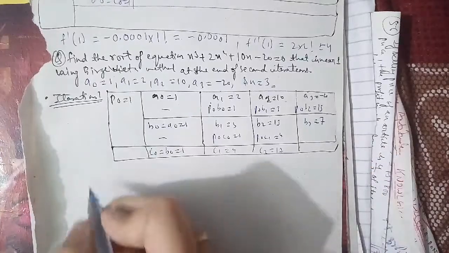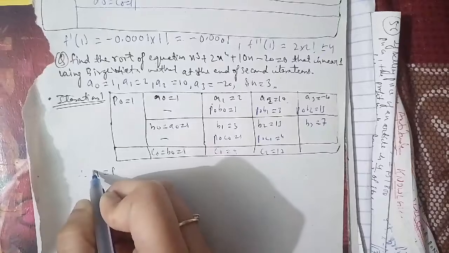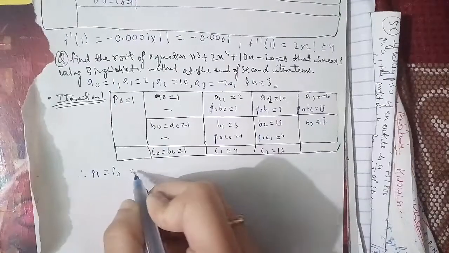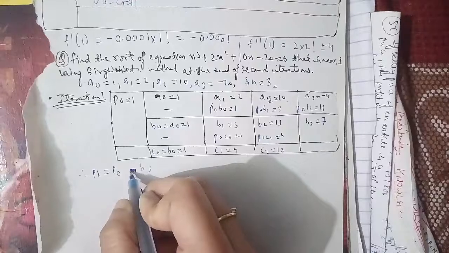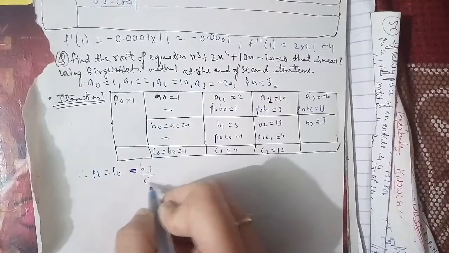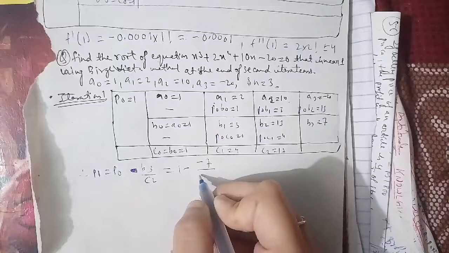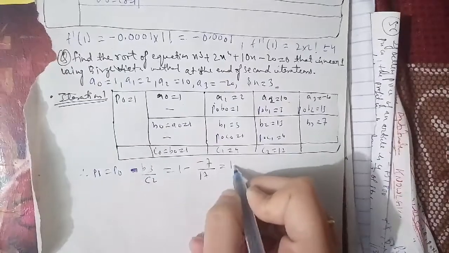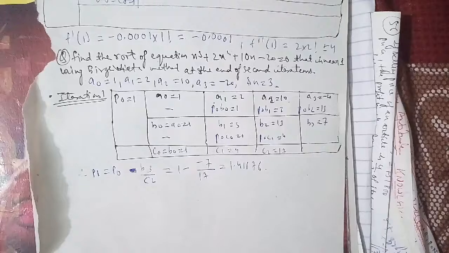So p1 equals p0 minus b3 upon c2, which is 1 minus minus 7 upon 17, equals 1.41176. Now we go ahead for iteration 2.